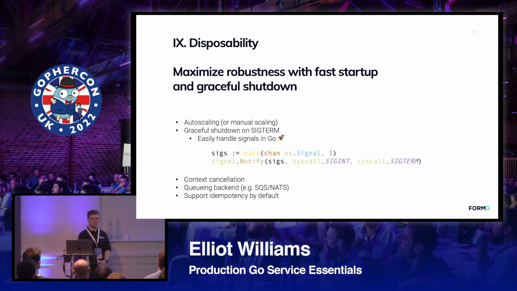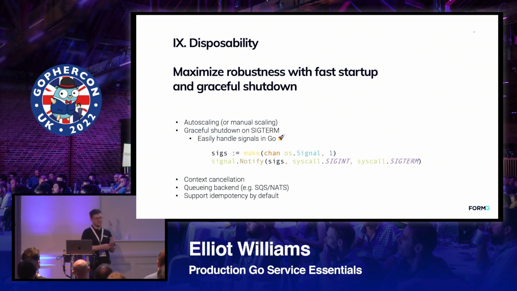Disposability. What is the wording on here? It's like cattle versus pets, but you want to maximize robustness, like it says, with fast startup and graceful shutdown. So you want to auto-scale your application if possible, or handle manual scaling. Whenever you're doing that, you're going to inevitably end up with services starting up and shutting down, and they need to be able to do that gracefully.